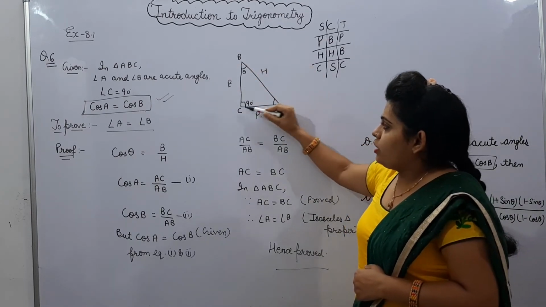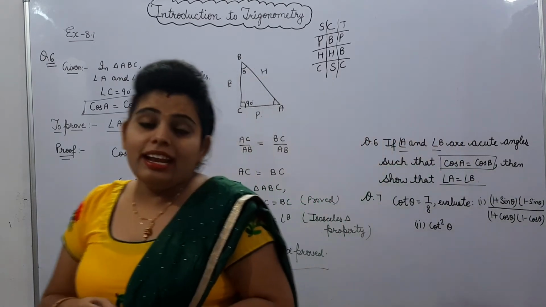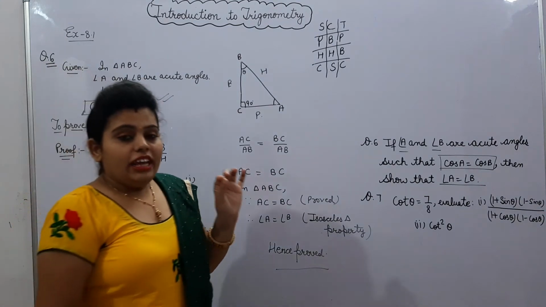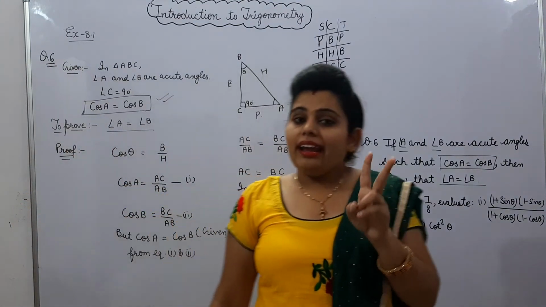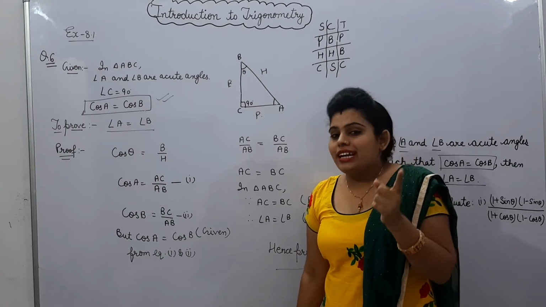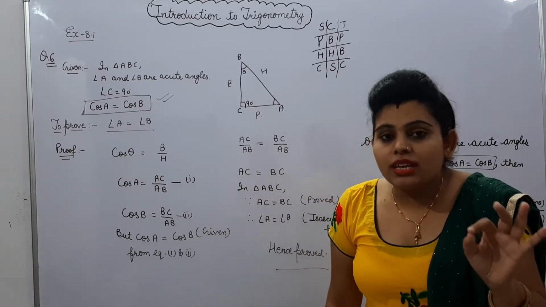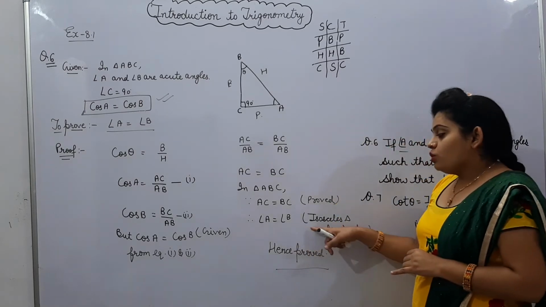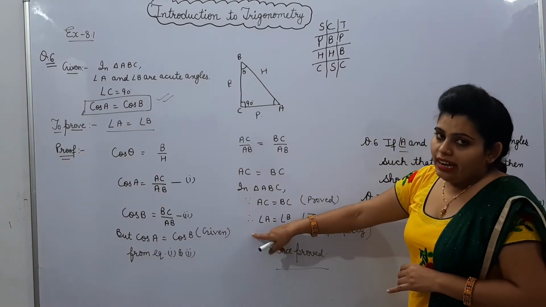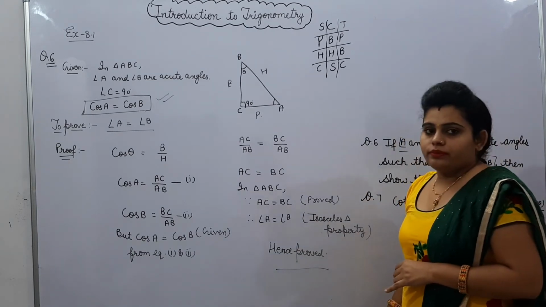Because AC is equal to BC, it is an isosceles triangle, and we know that if two sides of a triangle are equal, then angles opposite to equal sides are equal, and this property is called the isosceles triangle property. So using this property, angle A is equal to angle B, hence proved.